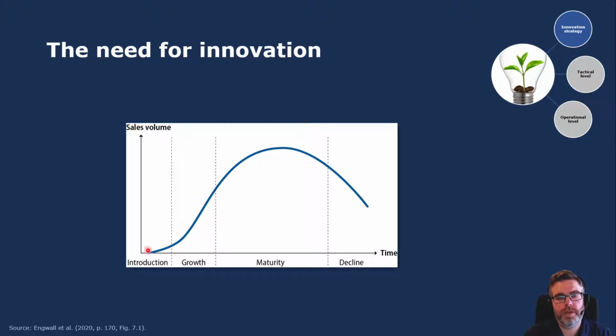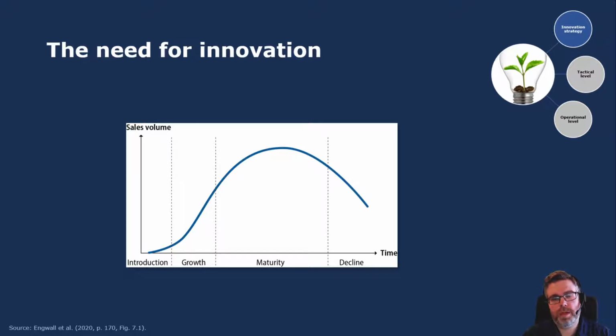So you have an introduction phase, and then a growth phase, and then a maturity phase, and a decline. And within these phases, you basically earn a lot of profit from your products. But when the decline starts, the profit margin will decrease, and over time, this will not be a profitable product anymore.